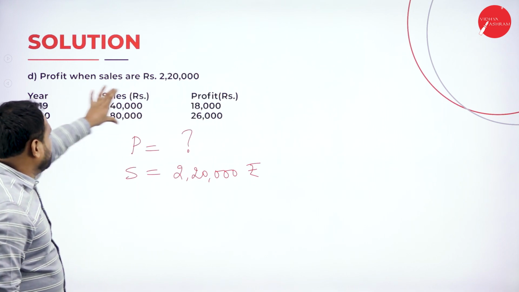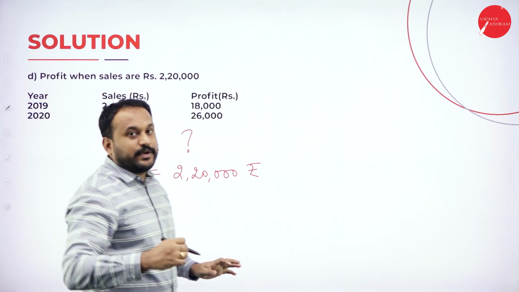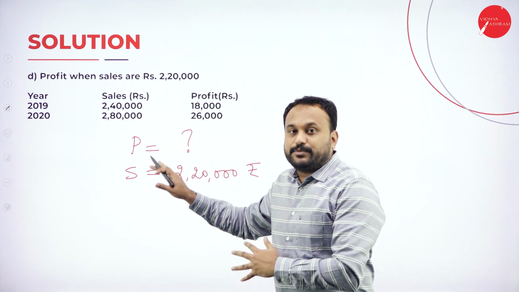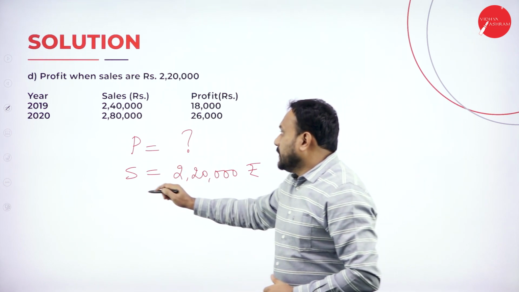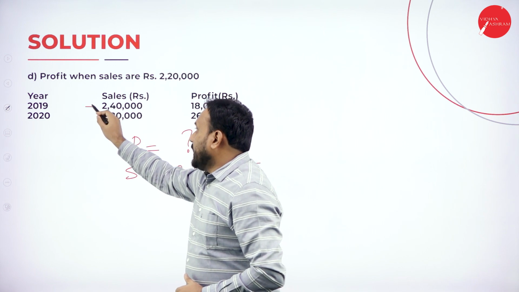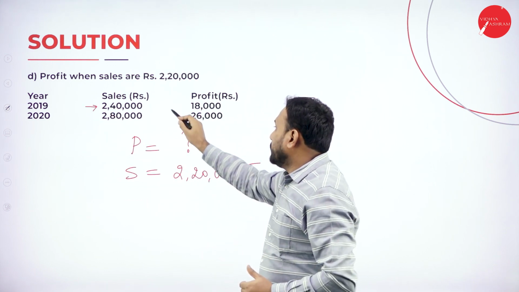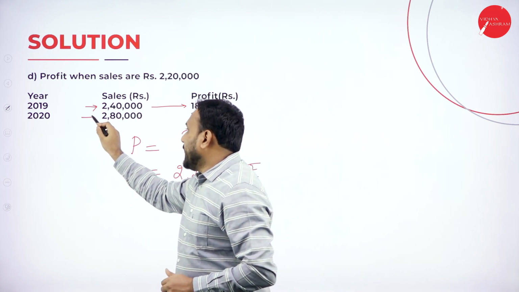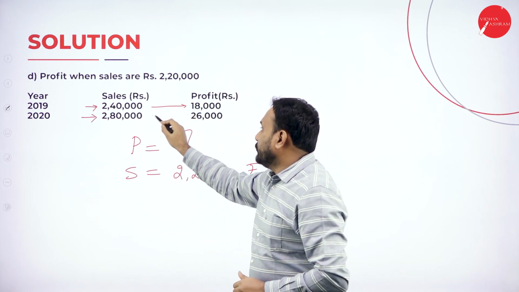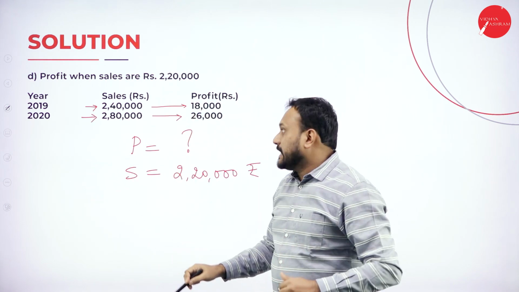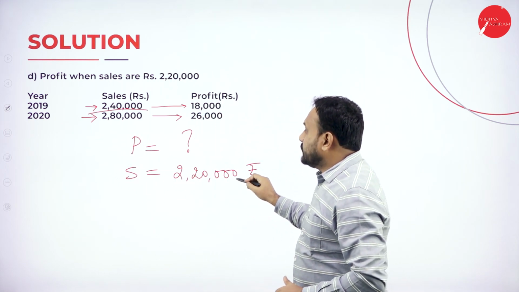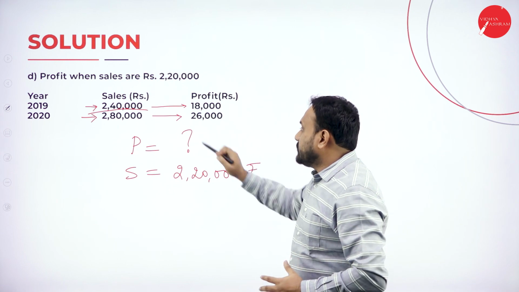This is a 2018 question paper question which we are solving now. If sales was 2,40,000, profit would have been 18,000. If sales was 2,80,000, the profit would have been 26,000. Now they are asking something in the middle: if the sales is 2,20,000, what is your profit?